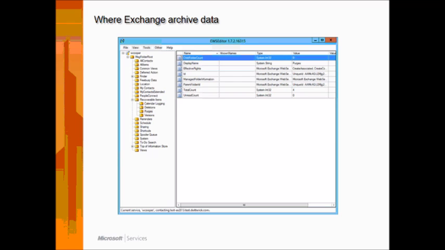And yes, this archived data will be affected by the retention policy you configured on your Exchange mailboxes. For example, if you enable a retention period for deleted items on your user mailboxes of 30 days, then this IM conversation history will stay here only for 30 days and then it will be removed.